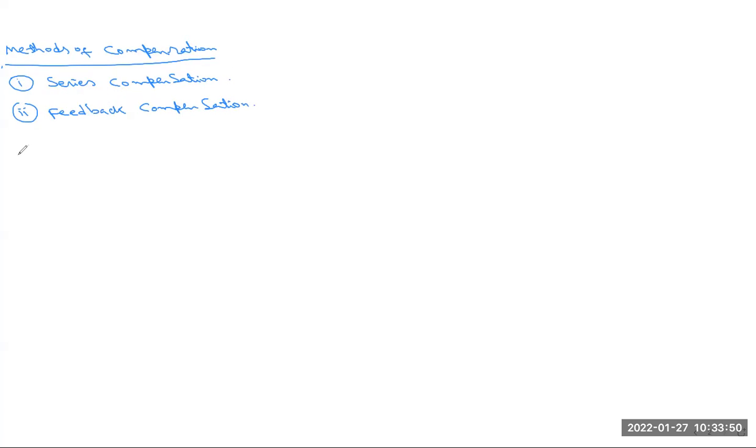Number three is load compensation. These are the basic methods to design a compensation network.